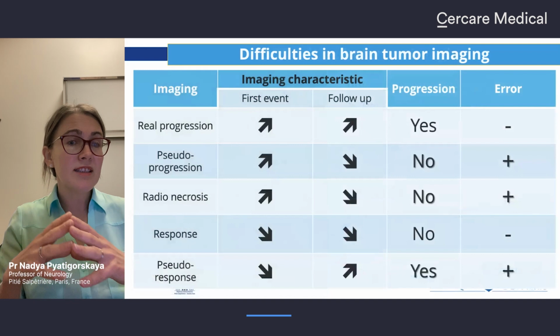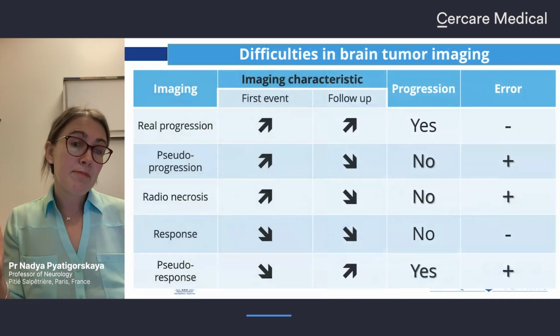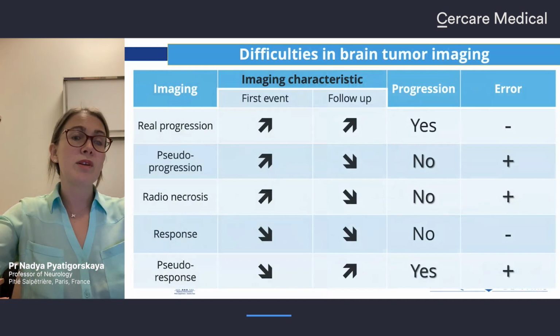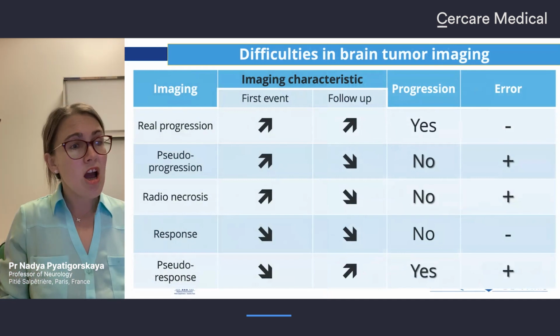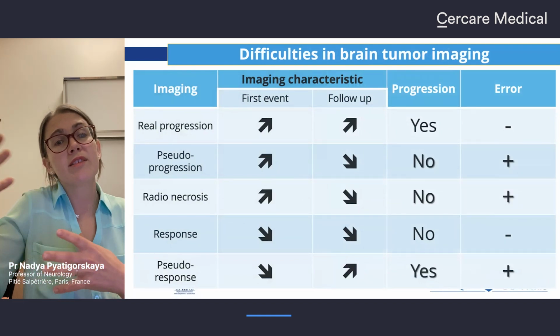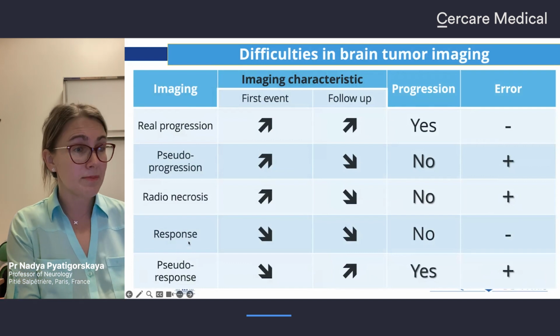So the problem is that frequently we will make some mistakes. Sometimes we suppose it's progression, and in the end, on the follow-up, the tumor increases. So we were right. Or we see that there is no progression actually, and it continues this way, and we were also right considering that it was a tumor response.